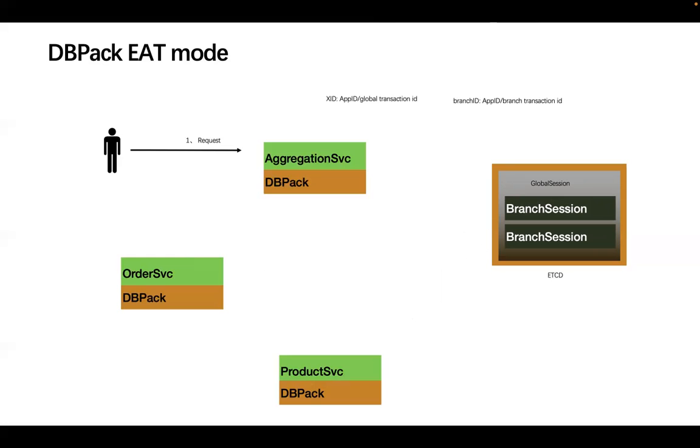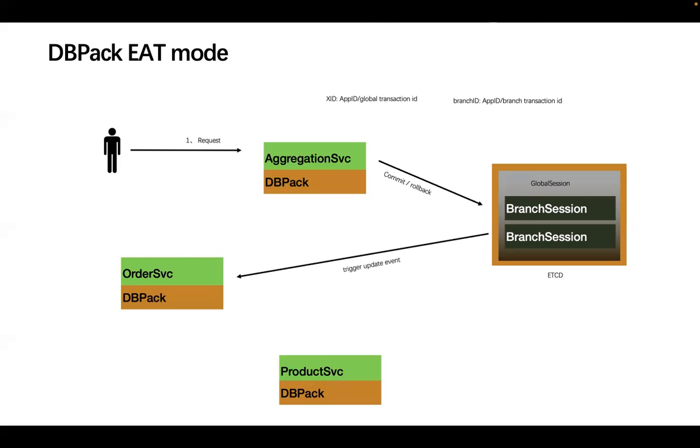If both the order service and product service succeed, the API calls are both successful, DBPack will raise the global commit or rollback request and store the global commit or rollback status in the etcd. So the global session, which means the global transaction, has its status updated to committing or rolling back.